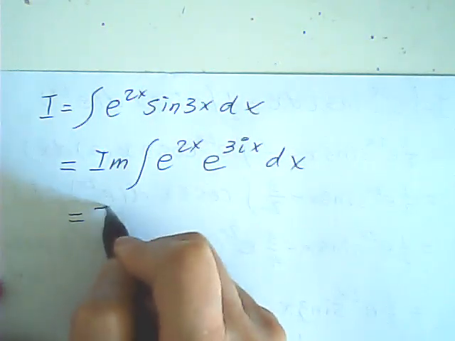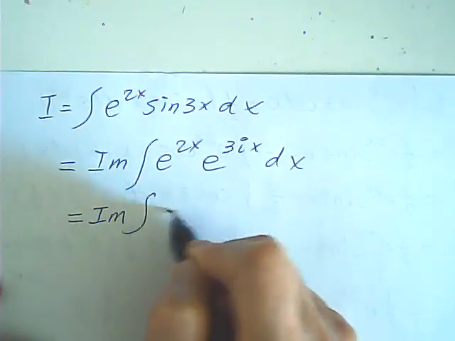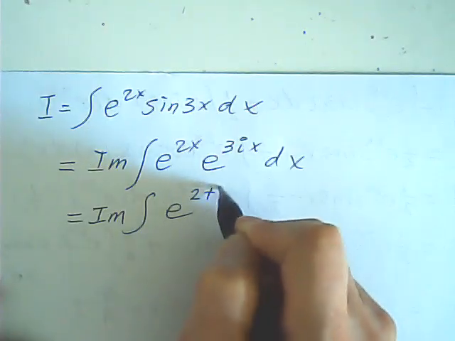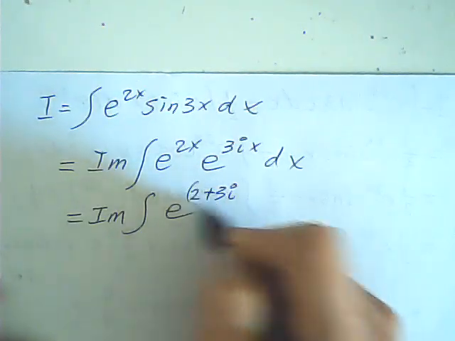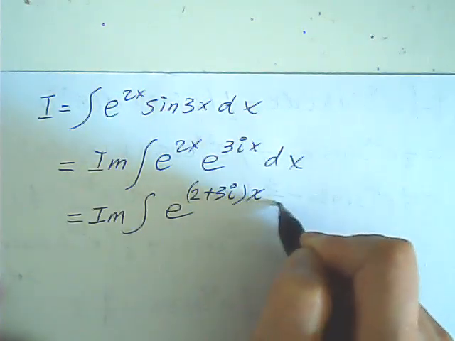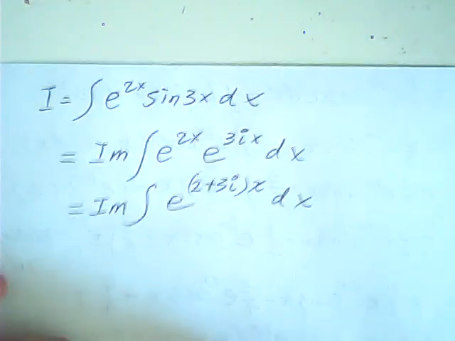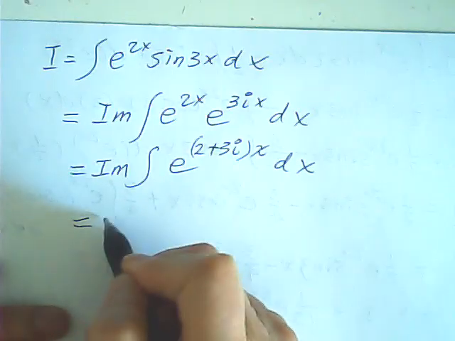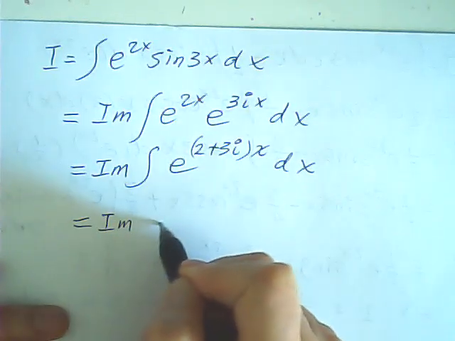So now I can combine these two. This becomes e to the (2 plus 3i)x dx. And this integral is easy.